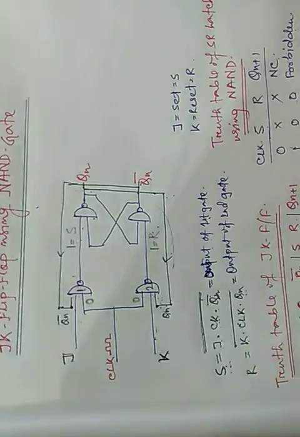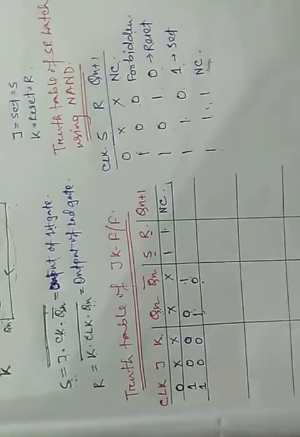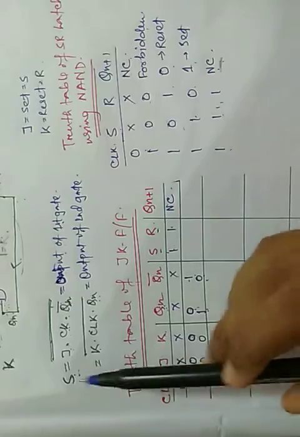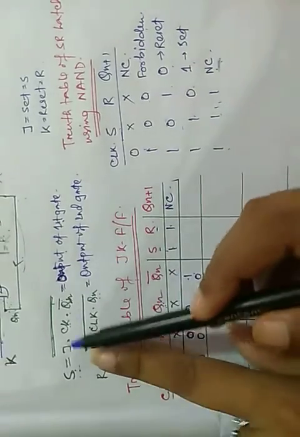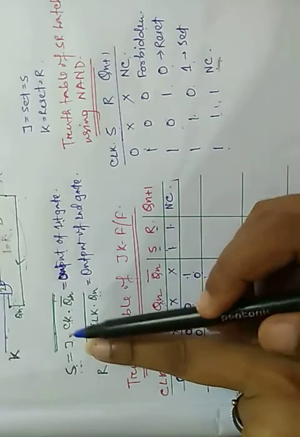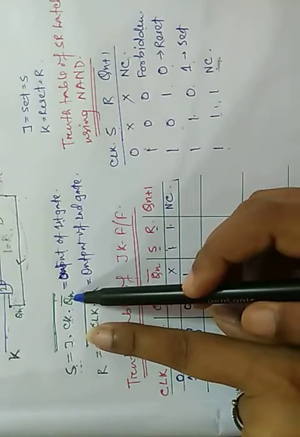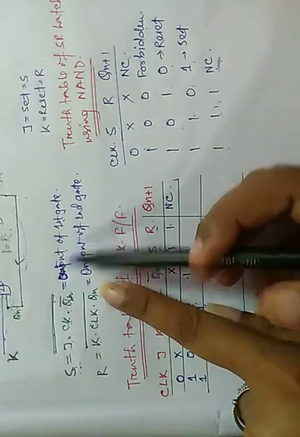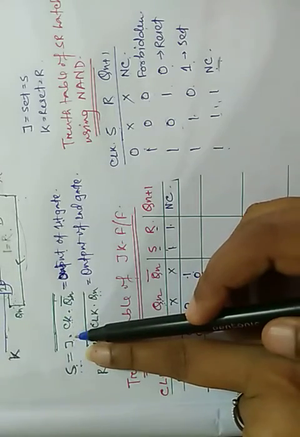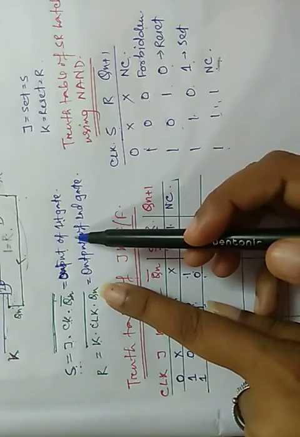Okay, now let us check for the S value. For the S value, our combination is a NAND operation. We know that in a NAND gate, if one of the input signals is 0, the output is 1.